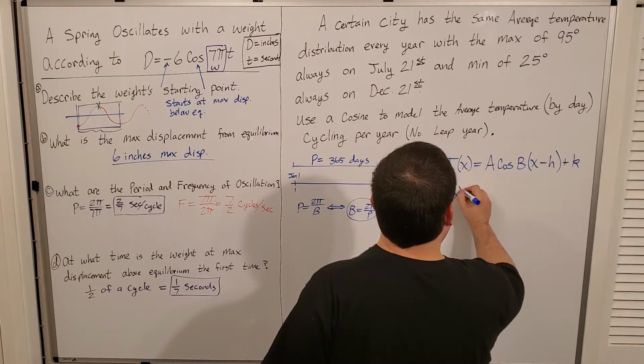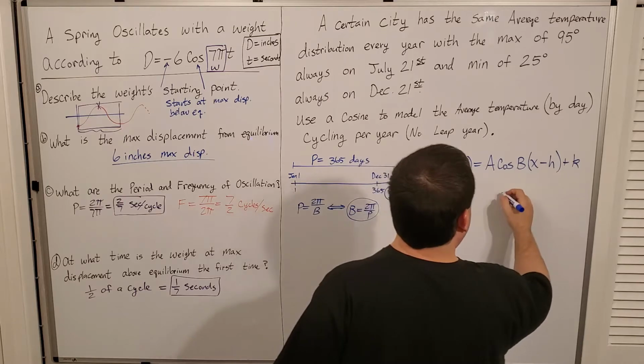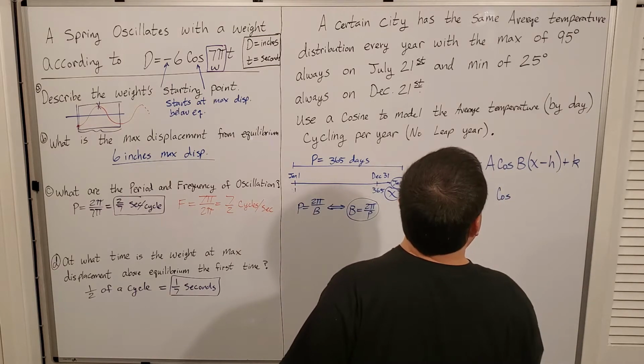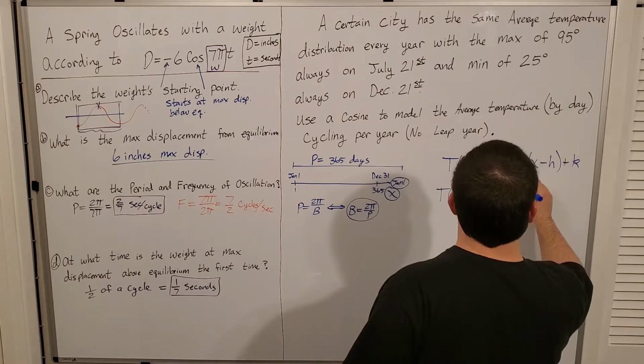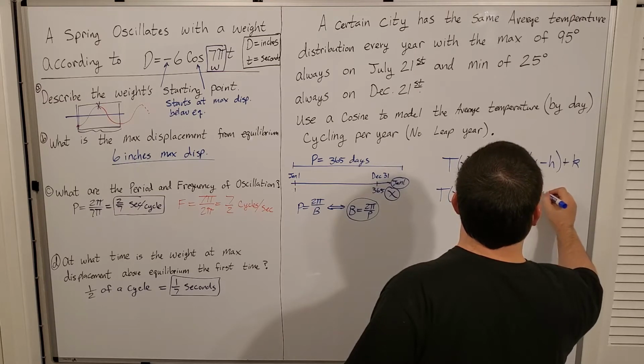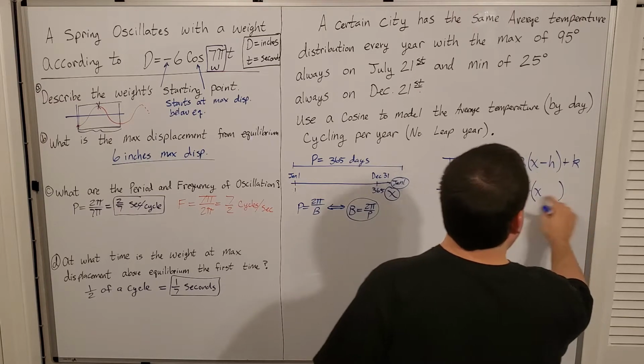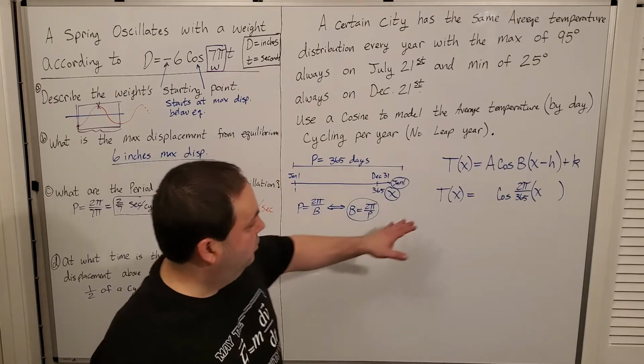T of x equals some number times cosine of 2 pi over 365 times x, and then I'm going to have my shifts in there. So this is my model.